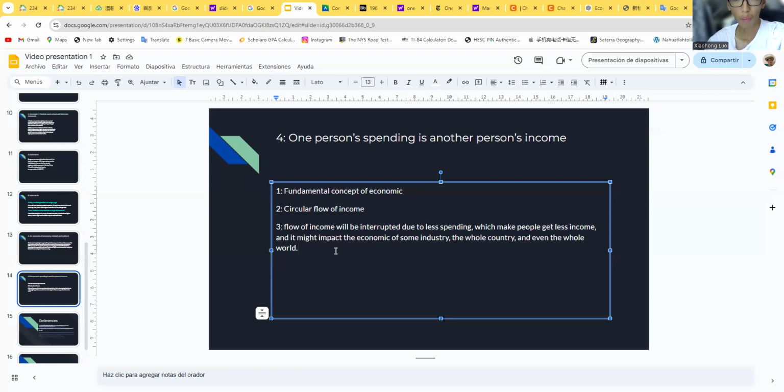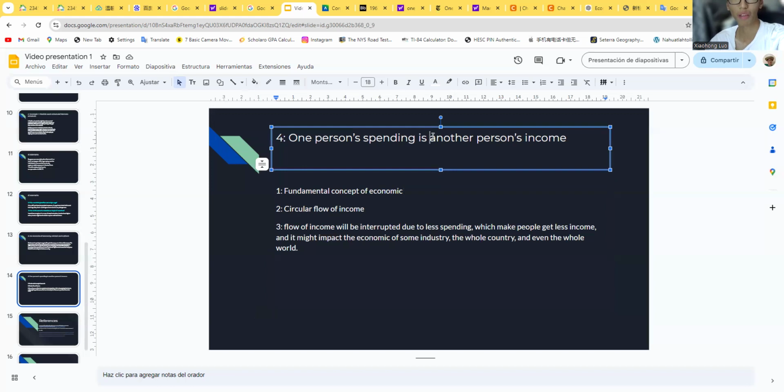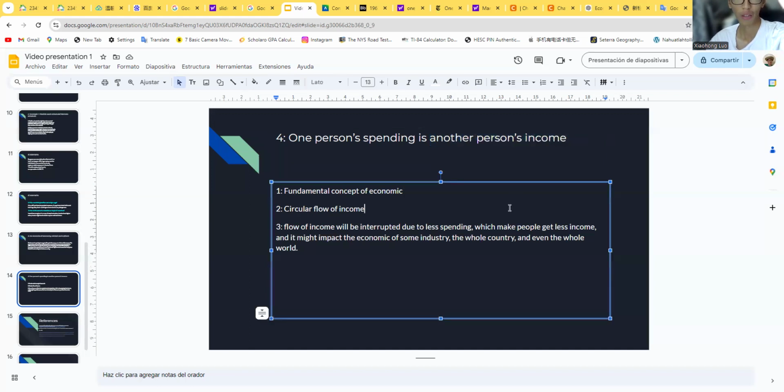So one person's spending is from the consumer who is trying to order a hot chocolate from Dunkin' Donuts. And another person's income might be from the Dunkin' Donuts owner, and even the staff or bartenders who work at Dunkin' Donuts.